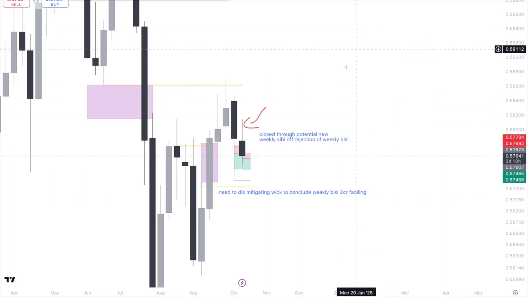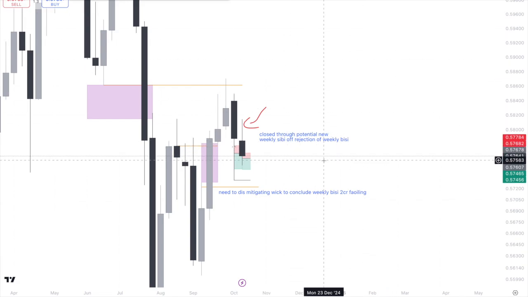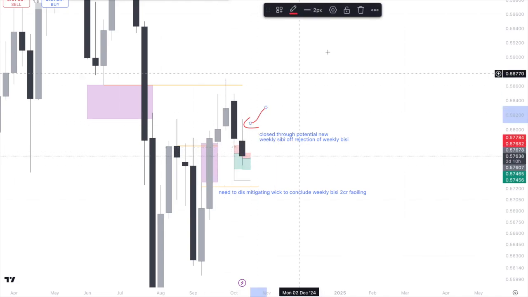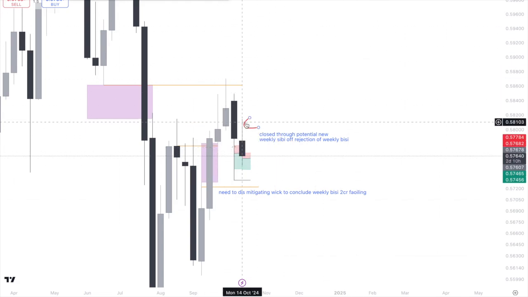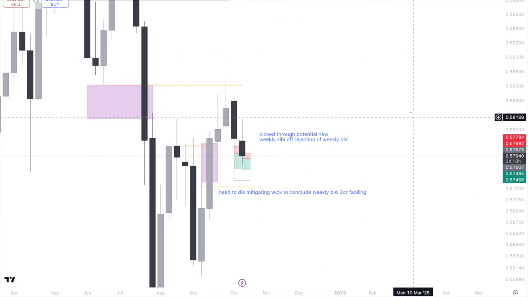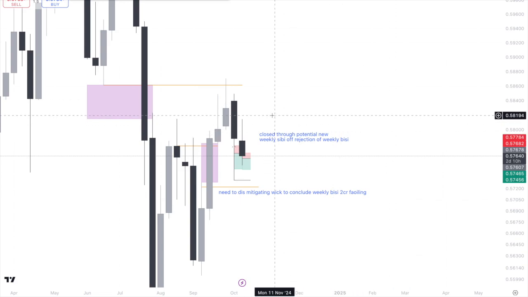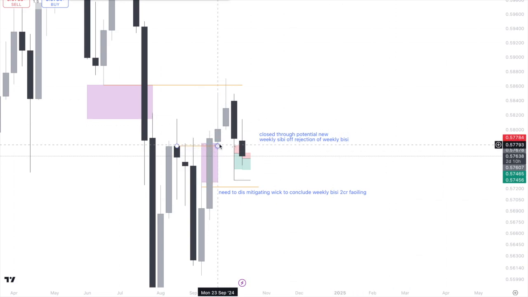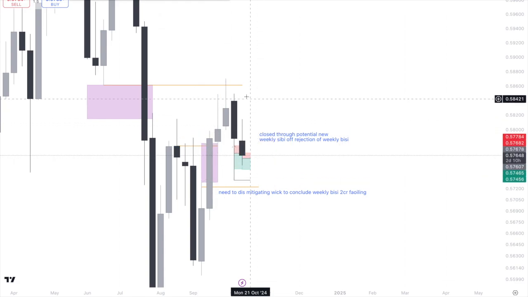But I've written here, we closed through the potential new weekly SIBI off the rejection of the weekly BISI. And because we have done that, the 2CR is sort of working in both directions, because if this one is going to hold up, you want respect of this low and take this high.